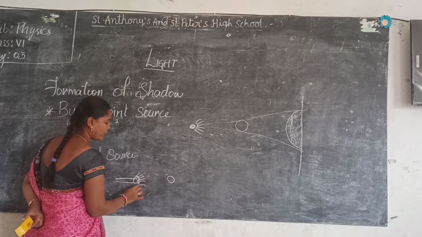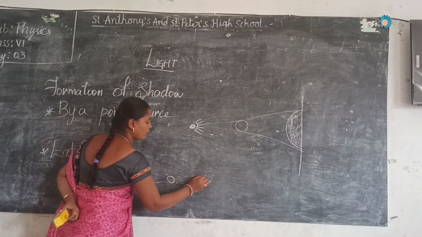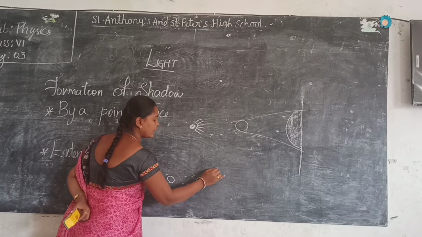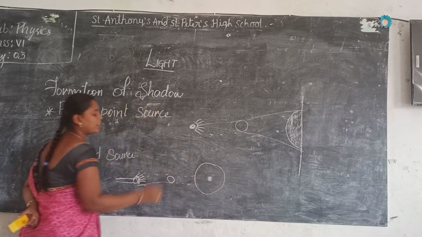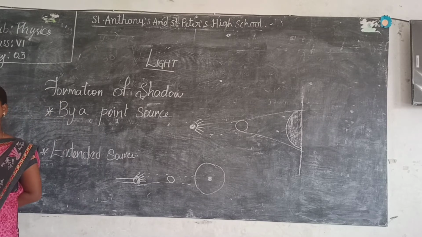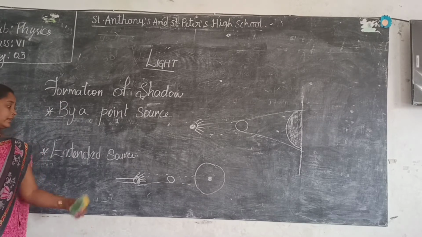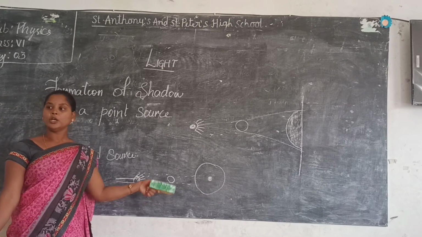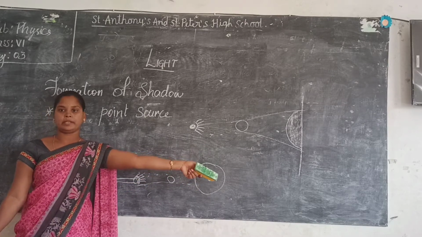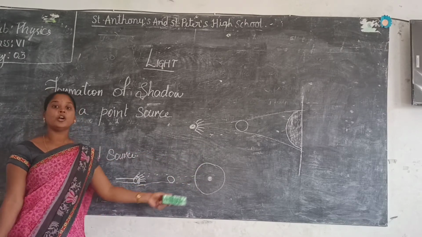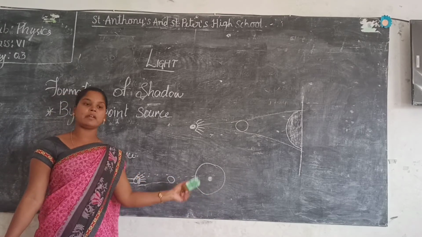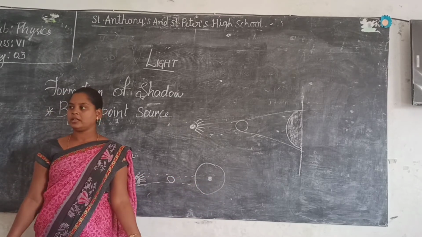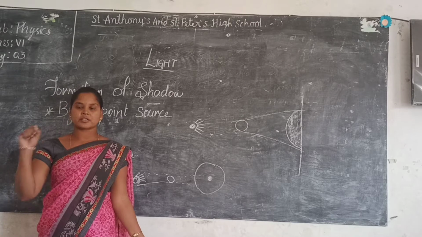Then light falls here or not? So only a small umbra region is formed and around that the penumbra region is formed. Clear? In extended source of light, if the object is big, umbra will be big, penumbra will be big. Whereas if the object is small, umbra will be small, penumbra will be big. Understood?